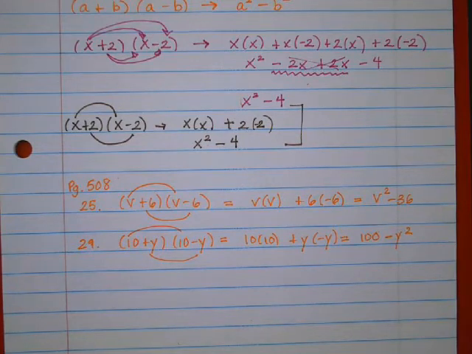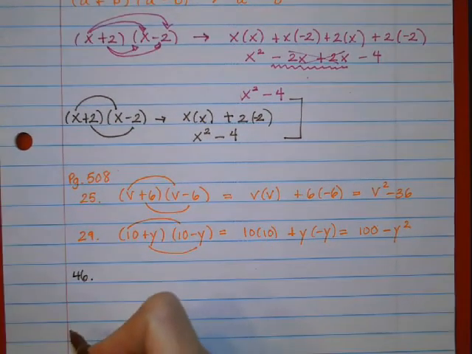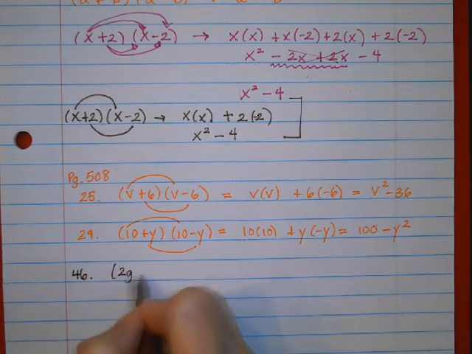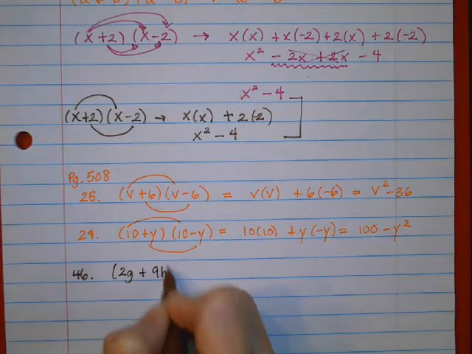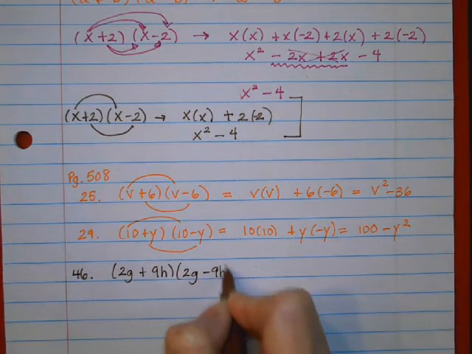Now this will also hold true even if the numbers are slightly bigger. So let's do something like number 46. We're going to go to number 46 in your book. We got 2g plus 9h times 2g minus 9h.